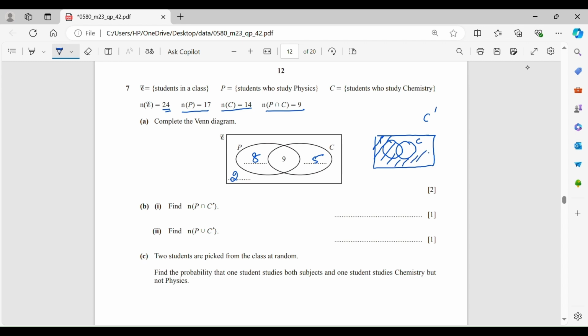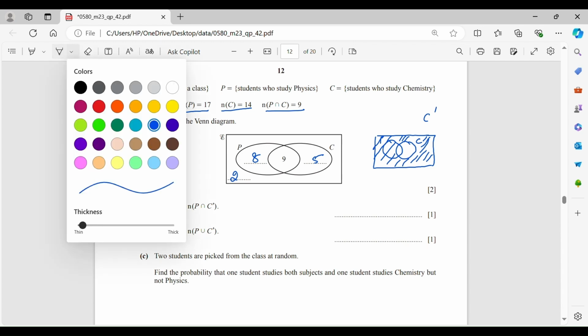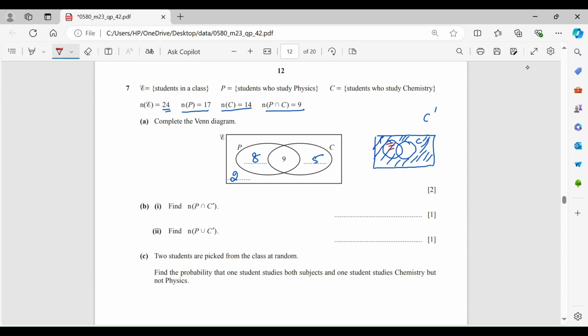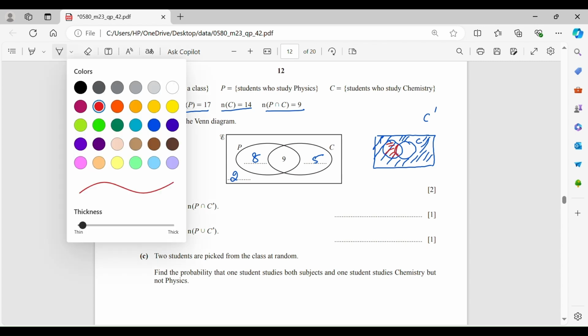Now we have to intersect P with C complement. P with C complement means this part only. Let me change the color of my pen. This part, right? So this is the 8. So our answer will be 8, right?